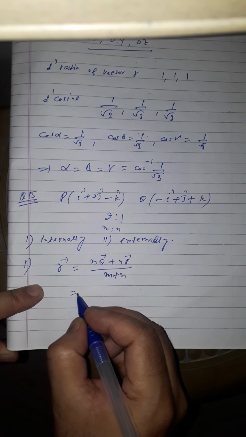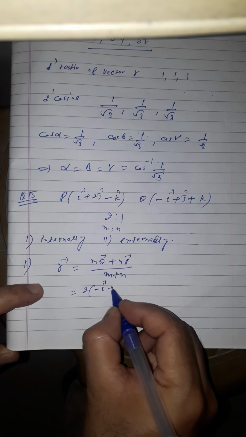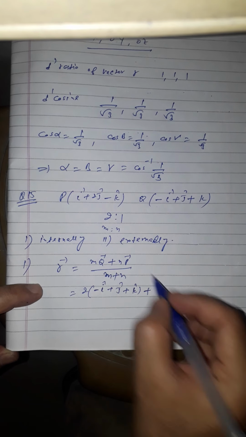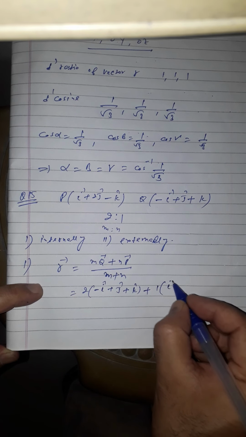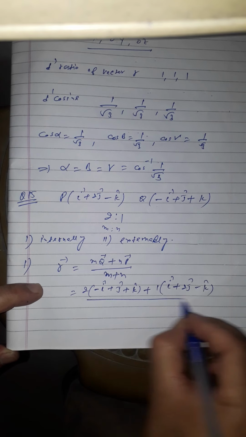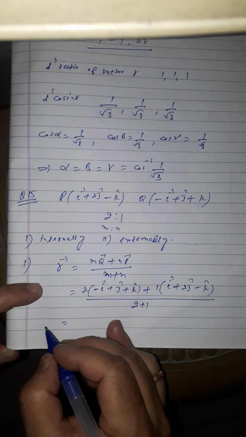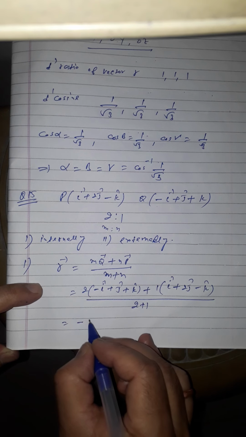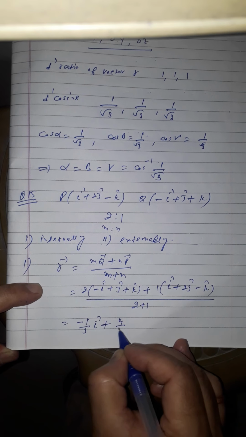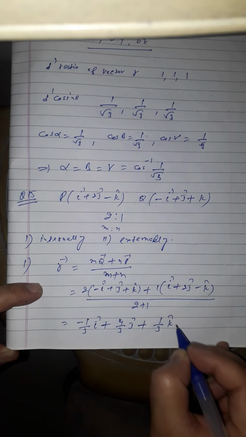What I mean to say here, 2 into minus i plus j plus k, and what is n? n is 1 here, 1 into i plus 2j minus k upon m plus n, means 2 plus 1, right? On solving it, what you will get? You will get 1 by 3 i cap plus 4 by 3 j cap plus 1 by 3 k cap.